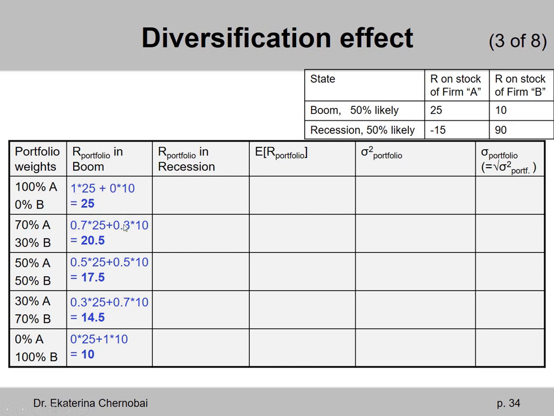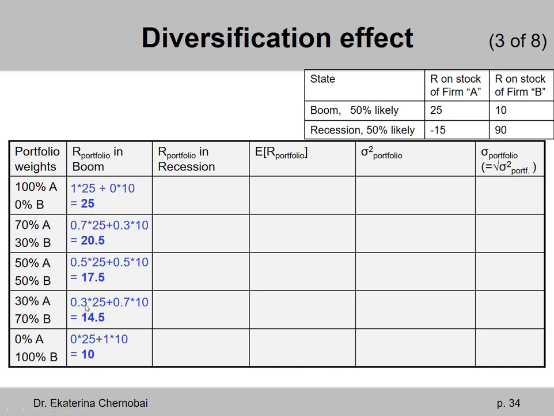Now we have 0.7, 0.3, then 0.5 and 0.5, then 0.3 and 0.7, and 0 and 1. And the portfolio returns in the boom state become, starting with the top row, 25%, 20.5%, 17.5%, 14.5%, and 10%.